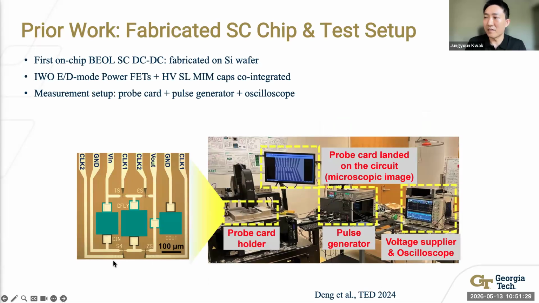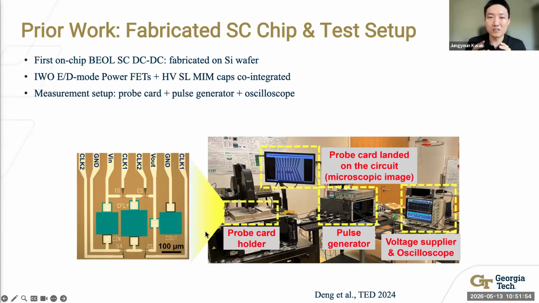If you see this measurement setup, we use a very small DC-DC converter since we have very limited availability in our university fab. We actually fabricate this at Georgia Tech, and because we have very limited capability, we made a very small DC-DC converter.